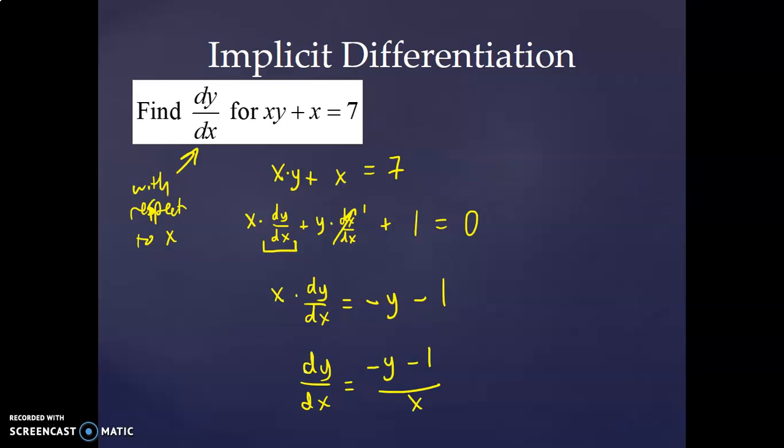So the rate of change of y with respect to x would be negative y minus 1 divided by x on this problem. So again, implicit differentiation just refers to the fact that you can find dy/dx without solving for y first. This problem you actually could have solved for y and used the quotient rule and gotten the same answer, but it's a lot easier to use implicit differentiation.